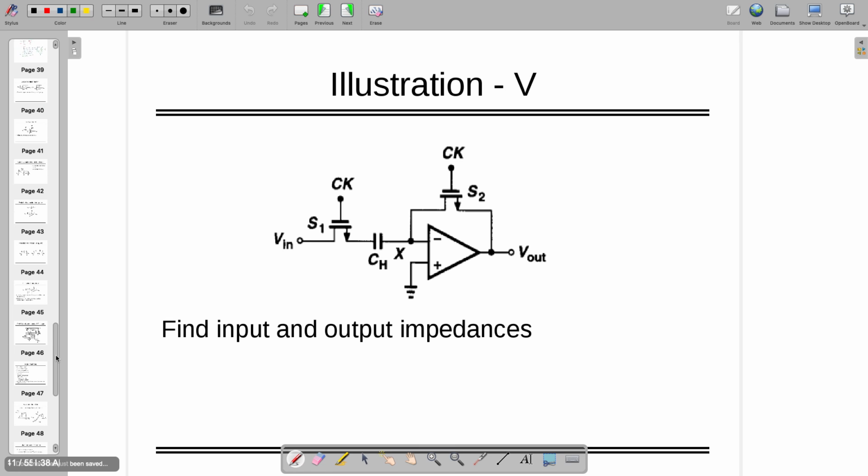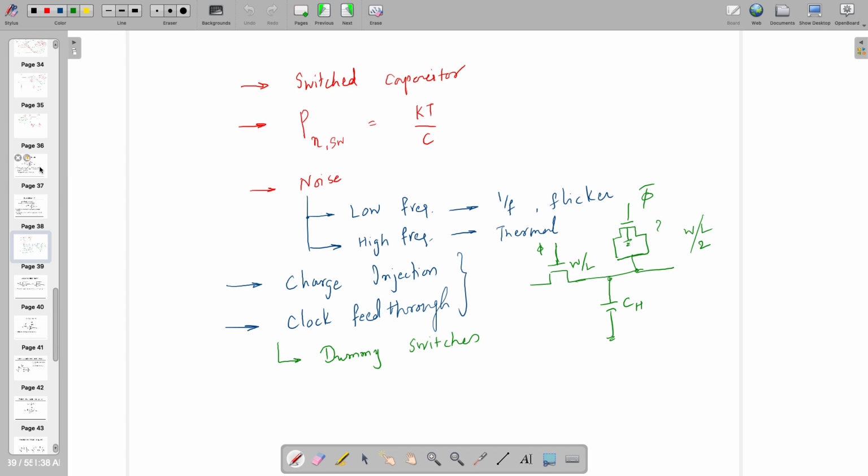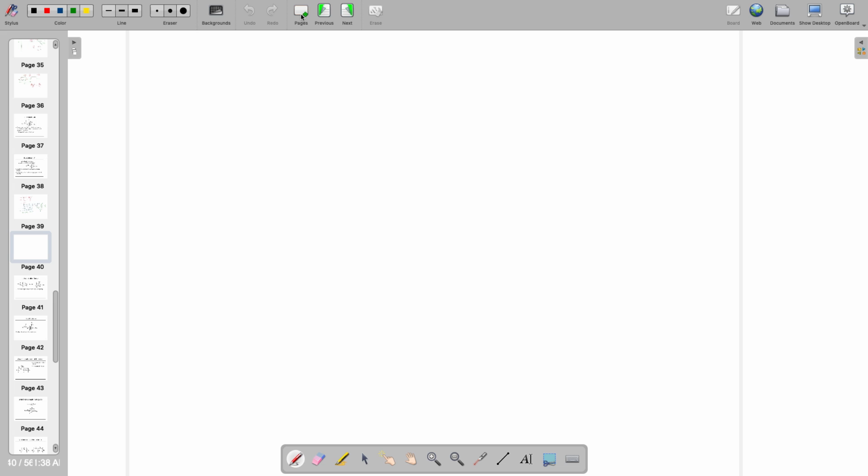These are the things we already studied. However, there are a few things which have not been covered completely, although they are already known to you. If you want to design a switch, that switch might be NMOS, might be PMOS, or might be a transmission gate.